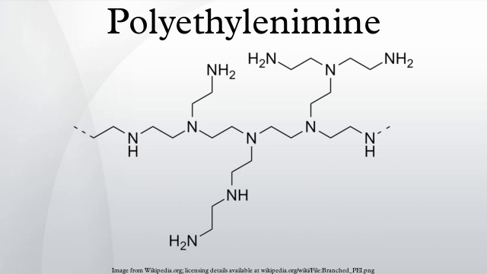Synthesis: branched PEI can be synthesized by the ring-opening polymerization of aziridine. Depending on the reaction conditions, different degrees of branching can be achieved. Linear PEI is available by post-modification of other polymers like poly(2-oxazolines) or N-substituted polyaziridines.